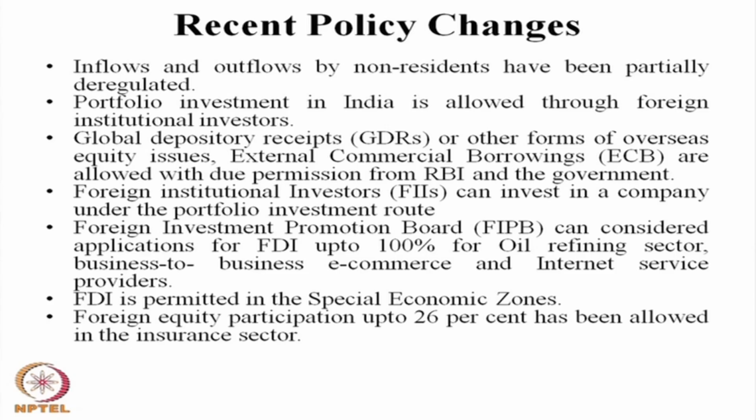This is another way other than the ECB route, external commercial borrowing, which is a debt instrument that needs to be repaid after the maturity period, and in between there will be interest outflow. External commercial borrowing depends upon the rating of the particular Indian company.